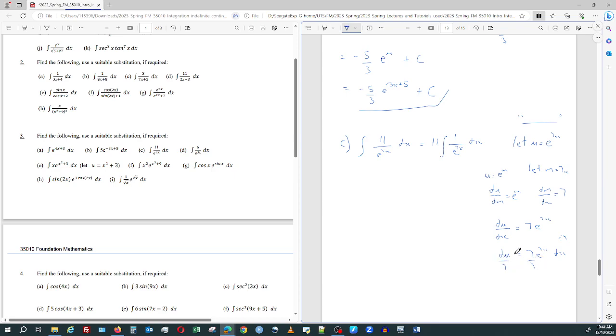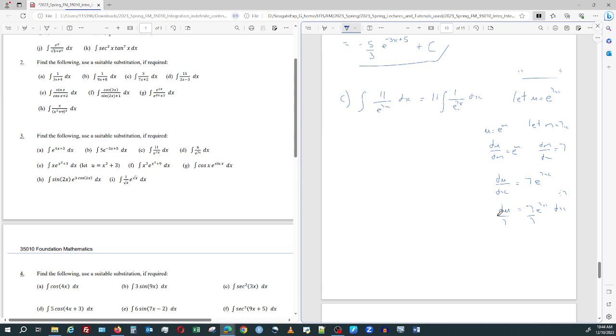That gives us this. Okay, so we've got 1/7 du equals e to the 7x dx. Now, in a way, there's a bit of a dilemma, in the sense that the e to the 7x term, while it's there, it's on the denominator.